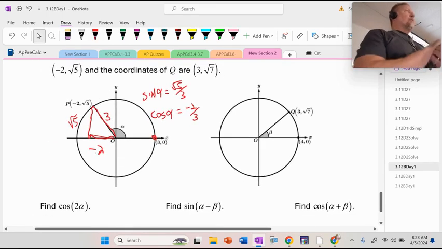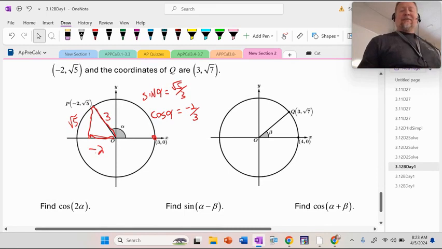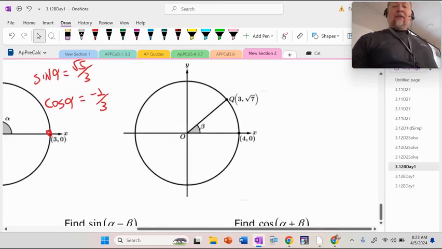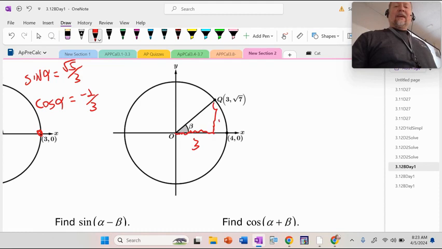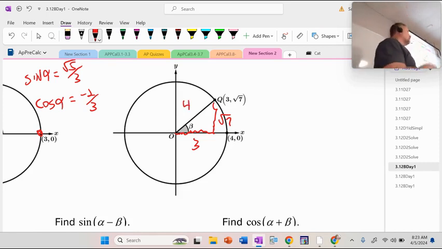Oh, and then I have to go over here. All right, here's beta. Remember this? Okay. 3 comma root 7. And then what's this radius? 4. Okay. You know what? I can prove it. 3 squared is 9. Root 7 squared is 7. 9 plus 7 is 16. The square root of 16 is 4. Okay. So it's all proven. So the sine of beta is equal to root 7 over 4.